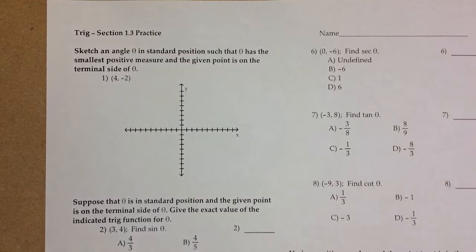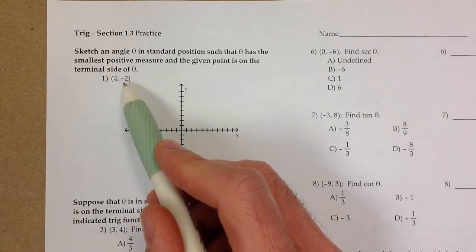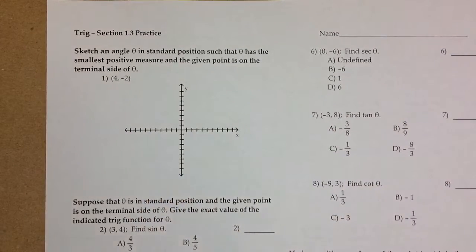Okay. The section 1-3 practice. We're first asked to sketch an angle theta in standard position such that theta has the smallest positive measure and the given point is on the terminal side of theta. Our given point is 4, -2. That's going to be on the terminal side of the angle. My random helper is Terry. So Terry, tell me how to sketch number 1.